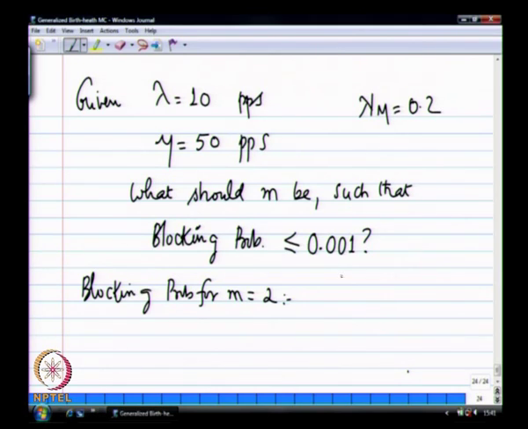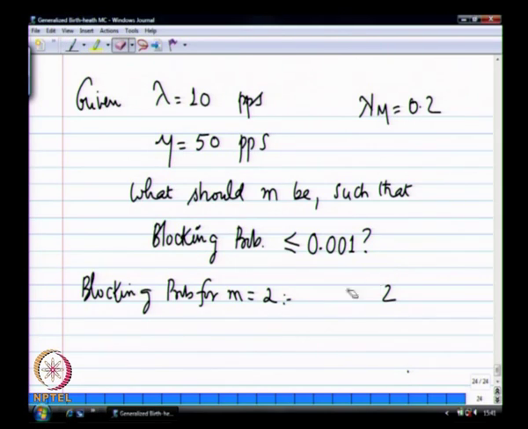So what is this going to be? This is going to be 0.2 squared by 2, no, m rho, so 0.4. Right, so m rho is 0.4, rho is lambda by mu. Sorry, no, it will be 0.1.